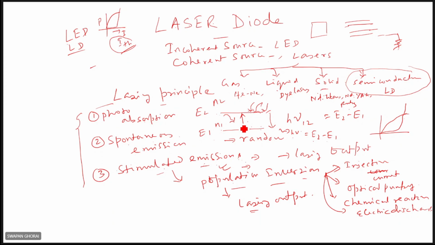But whenever the spontaneous emission occurs, photons will be emitted, but these photons are random, because all the mangoes on the tree will not come to the ground at the same instant, right?